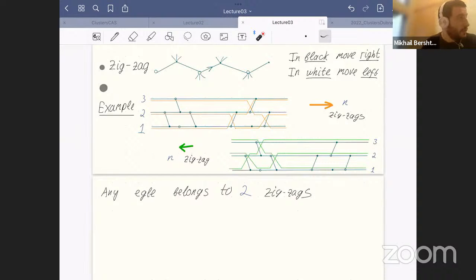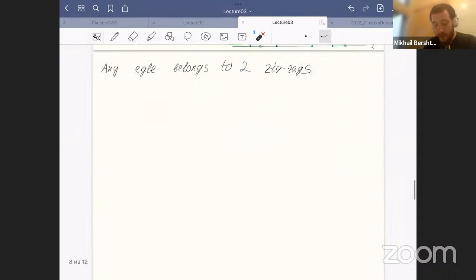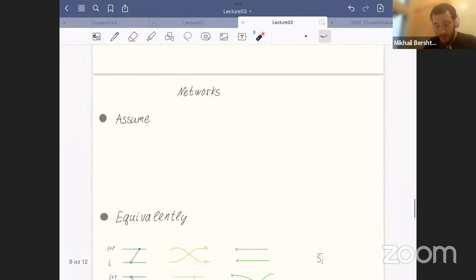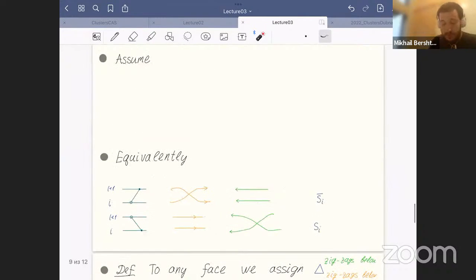Now this is all. It is easy to see what can happen for zigzags. If we have a situation like this, then green zigzags do not see it; they are parallel, and orange zigzags have an intersection. And for a situation like this, the situation is opposite.